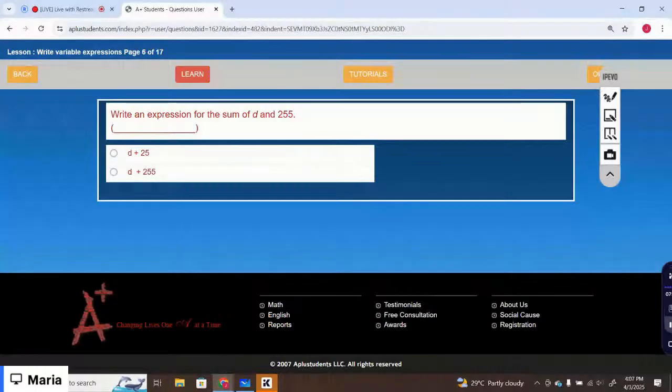Write an expression for the sum of D and 255. That is D plus 255. Option number two is the correct option.